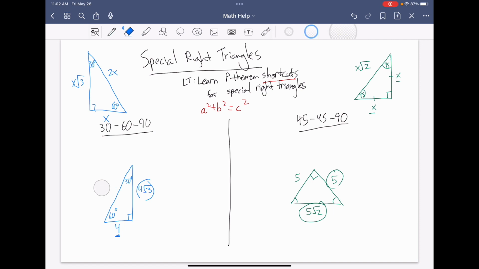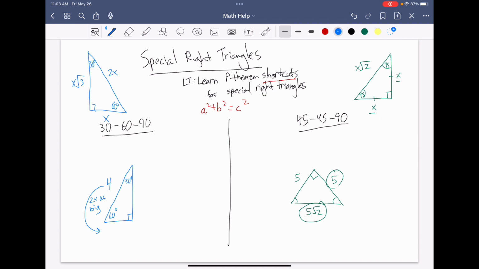Now, let's kick it up a notch. Let's make it a little more difficult. So let's say that for our 30, 60, 90 right triangle, we're given the hypotenuse as 4. Okay, that's fine. I just have to know that this part is going to be twice as big as my shorter leg.